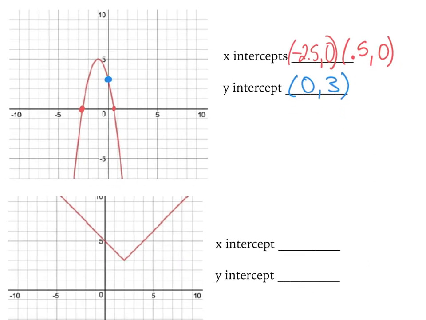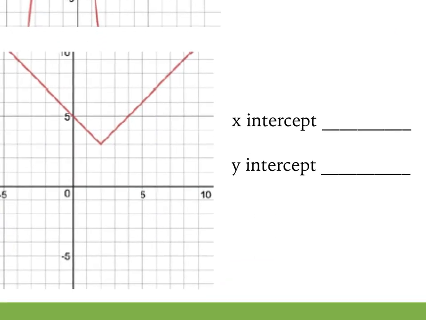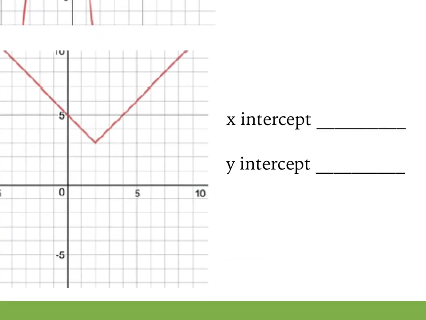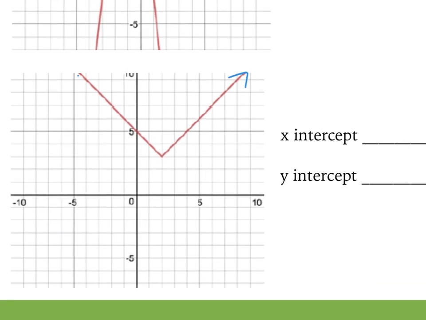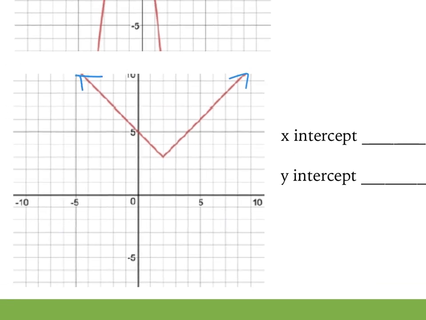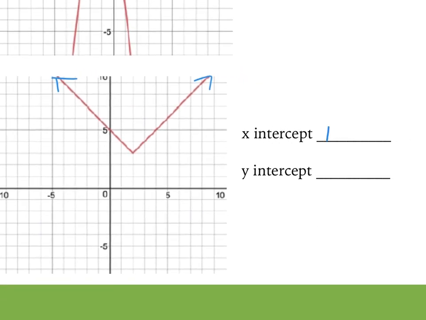Questions? Okay, x-intercept. Do I have one? Why? Yeah, these lines are going up forever, right? So I'm never, ever going to cross that x-axis. So I'm just going to write none. You could write no solution, whatever you want to do there.